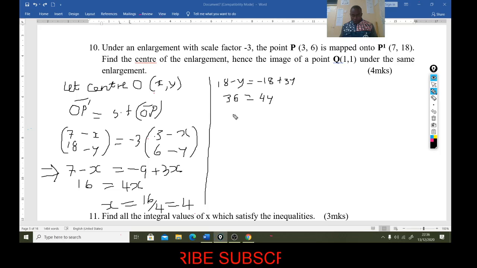I divide by 4, so y equals 36 divided by 4, which gives you 9. So the center would be equal to (x, y), which is (4, 9).